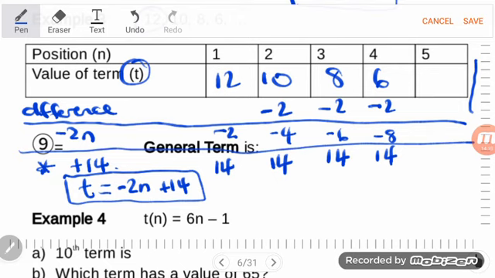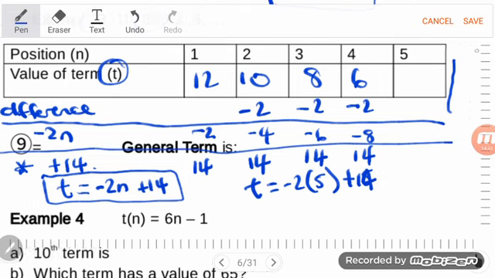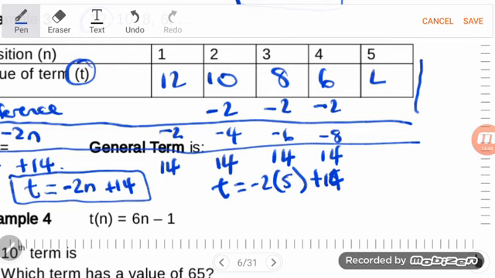So if we were going to do that, we would be going t is equal to negative 2 times 5 plus 14. Negative 2 times 5 is negative 10, plus 14. It's going to be 4.